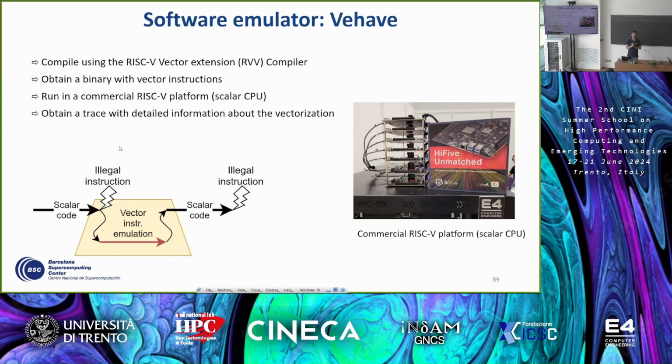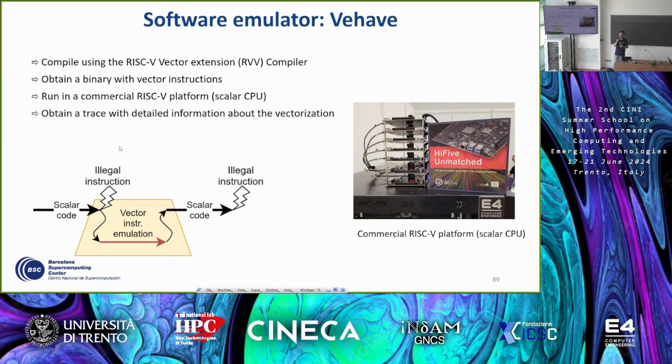Illegal instruction, exactly. That illegal instruction is a signal coming from the hardware to the system. If you leave it like that, the system will tell you illegal instruction and your execution died.